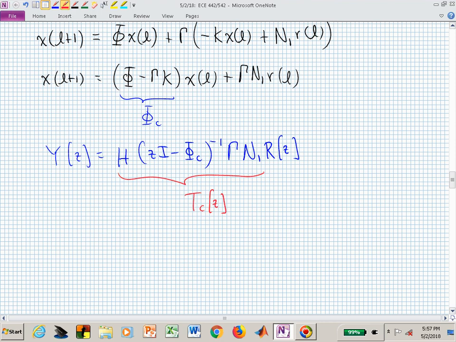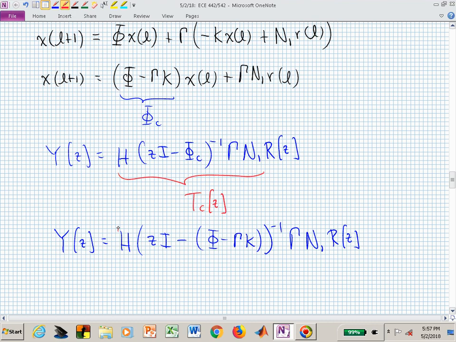Or if you didn't want to see all of that collapsed down inside capital Phi sub c of z, you could say zI minus phi minus gamma K inverse gamma N sub 1 r of z.